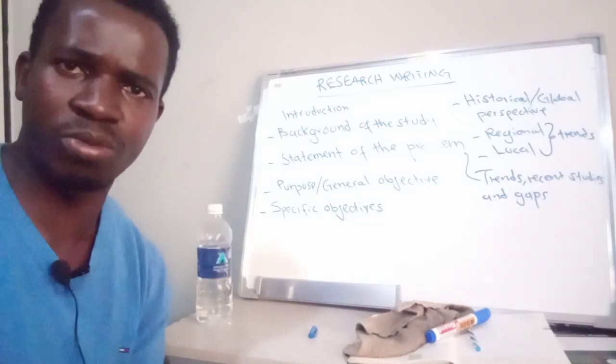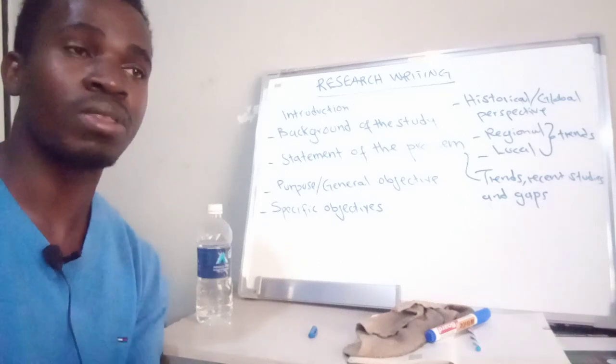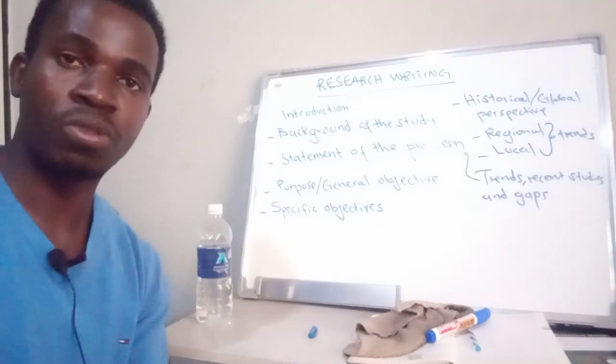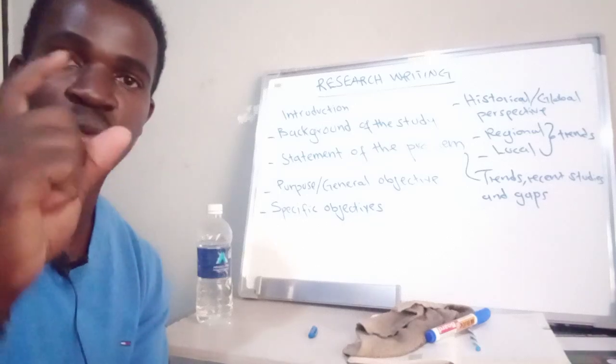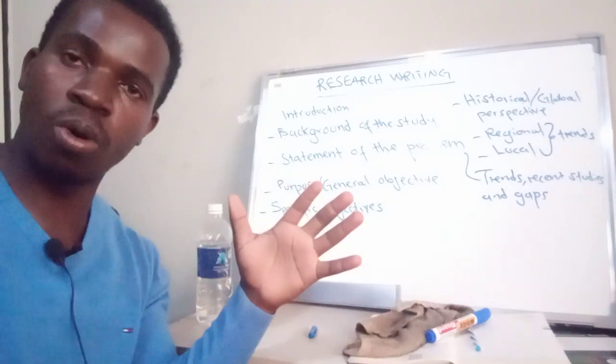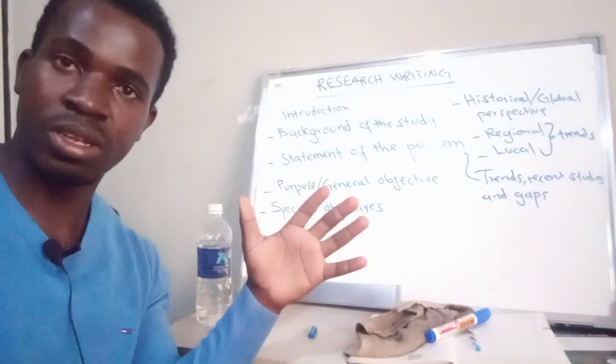It's not just a matter of you picking some information from anywhere at random and saying, this is my statement of the problem. No wonder I started so well by giving you a clear picture of the global or historical background.